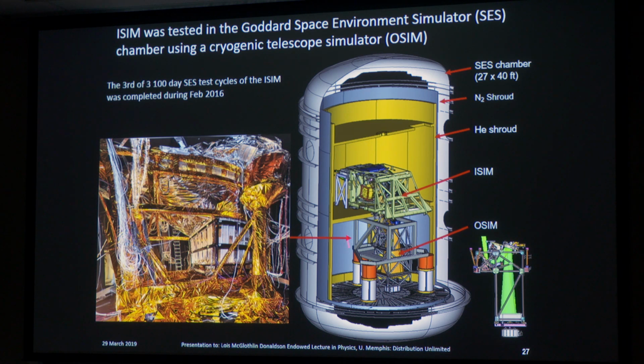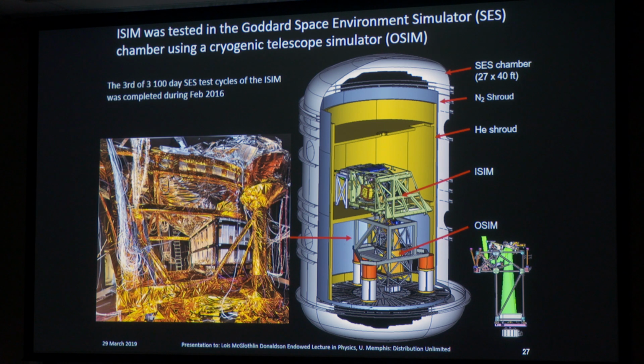And of course, all of this had to be cooled to that minus 400 degrees Fahrenheit. So these simulation chambers have shrouds inside them that are cooled with liquid helium and liquid nitrogen to achieve that cooling.